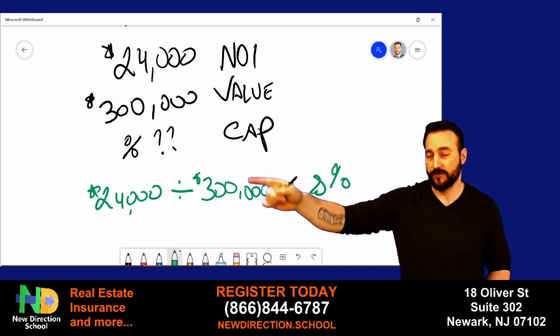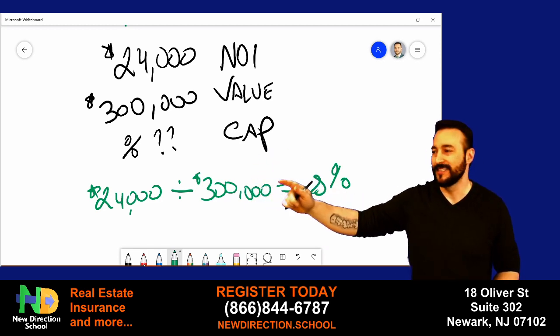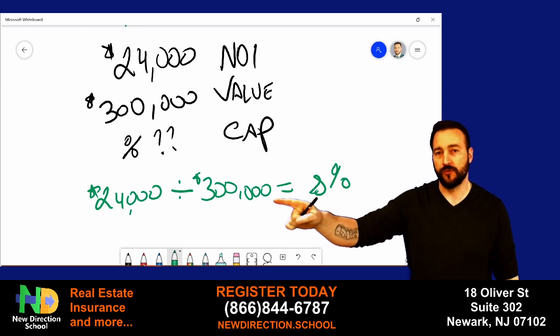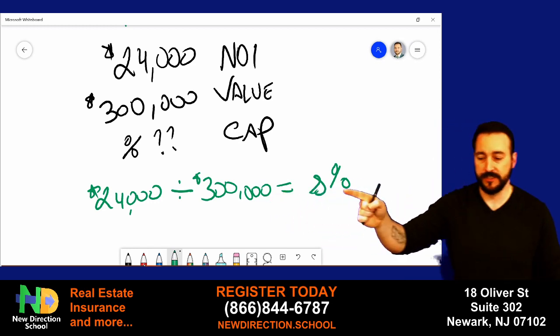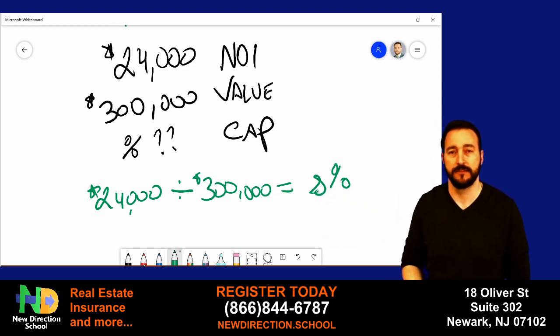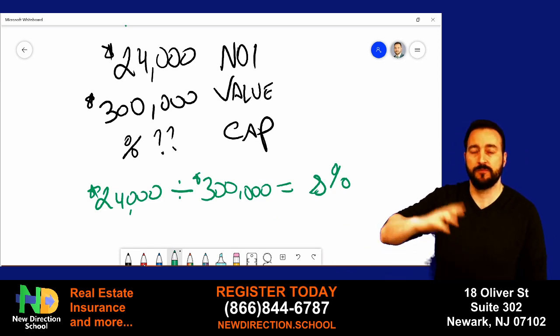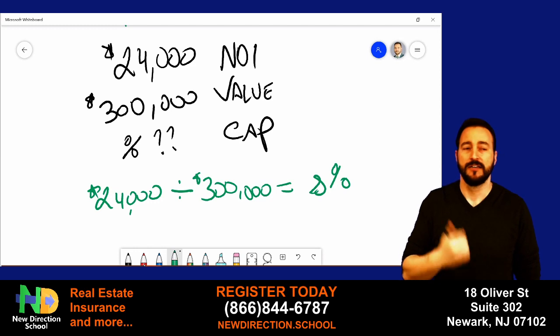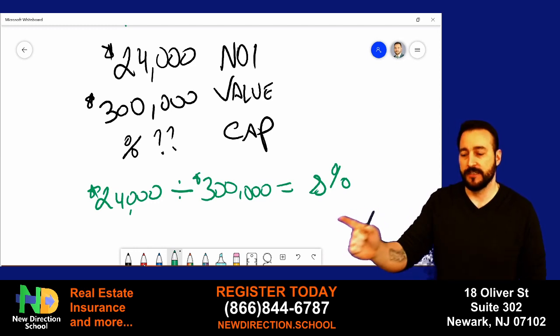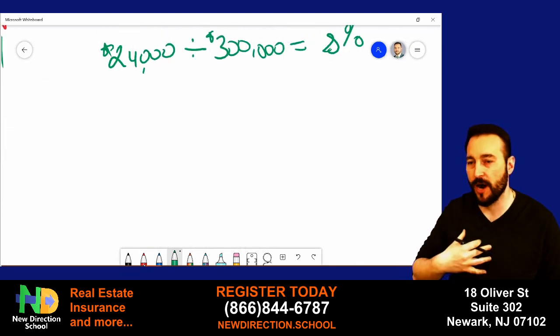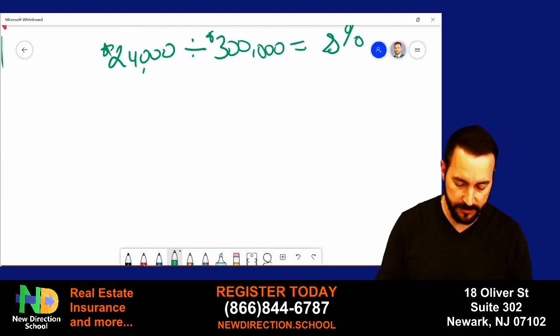So 24, 25, 30, 40, 10, whatever the income. We divide by how much they sold for, and it's going to give us an amount. Let's say it's 8%, right? Once it gives us the 8% average, or 7.9 or 7.6, that means that in this area, this is pretty much what people expect.